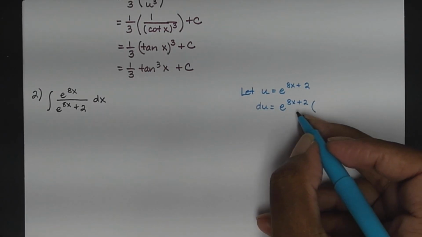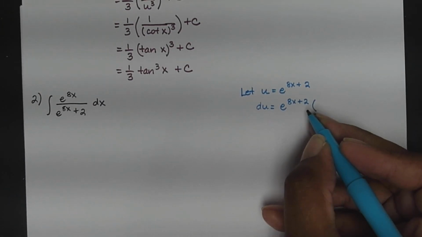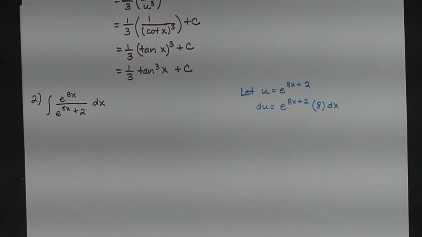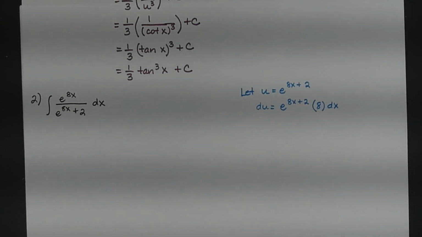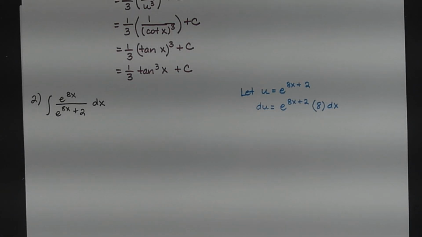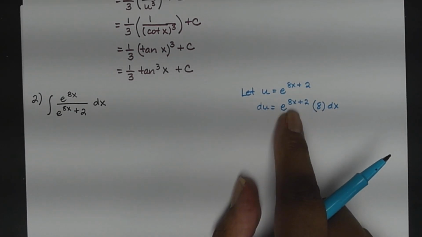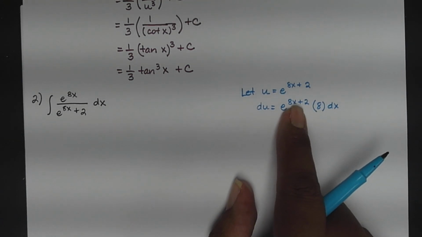But I have to use the chain rule by taking the derivative of 8x plus 2, which will be 8 dx. You want to make sure that you apply the chain rule on this particular problem. The derivative of e to the 8x plus 2, that's this e to the 8x plus 2, and then you have to take its inside derivative of that exponent.